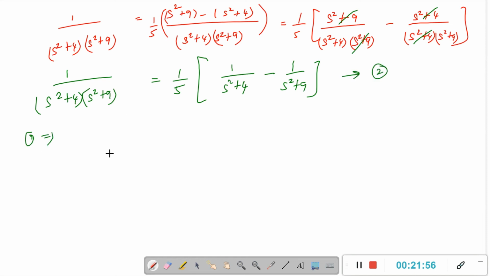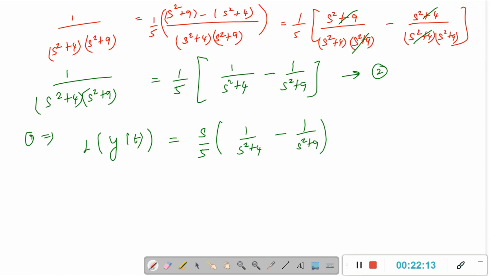From 1 implies L of y of t equal to s into, so instead of the first term I am going to apply s by 5, 1 by s square plus 4 minus 1 by s square plus 9, plus s by s square plus 9, plus k by s square plus 9. Try to multiply s by 5 in this closed bracket.